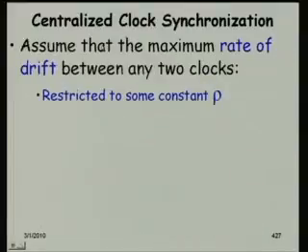Now, let us assume that the maximum drift between clocks that is permissible by our application is some rho. We had earlier discussed scheduling issues, and there we had assumed some communication time in distributed systems.